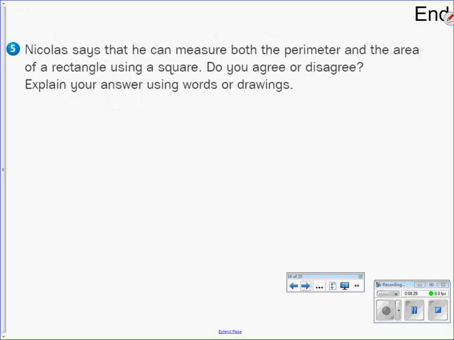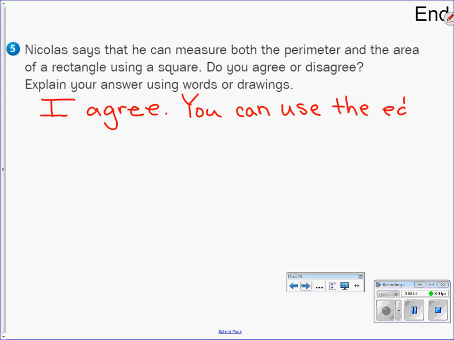Okay. And the last one, Nicholas says that he can measure both the perimeter and the area of a rectangle using a square. Do you agree or disagree? And explain your answer. So I would say I agree. And I would say that you can use the edge of the square to find perimeter.